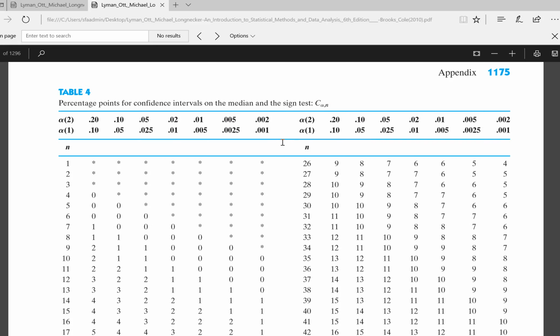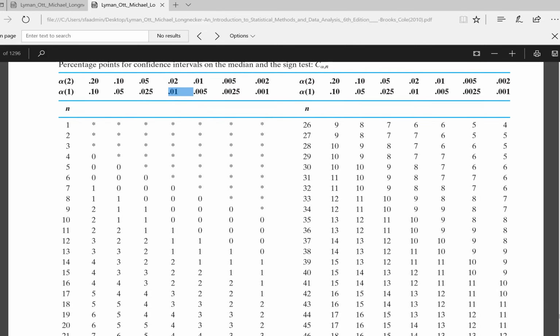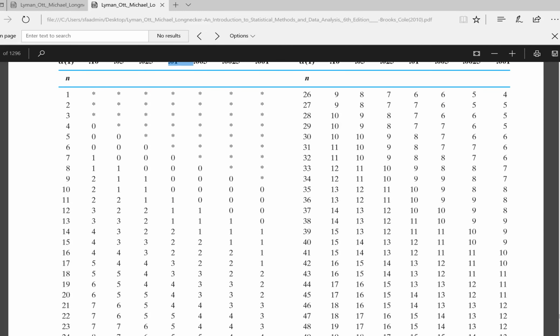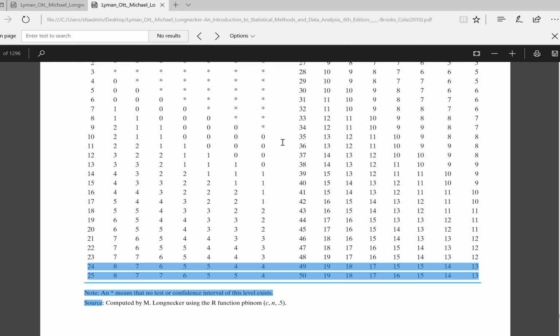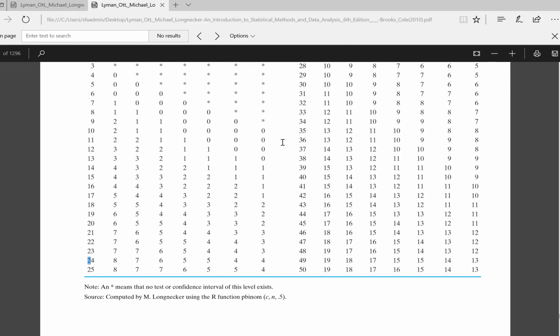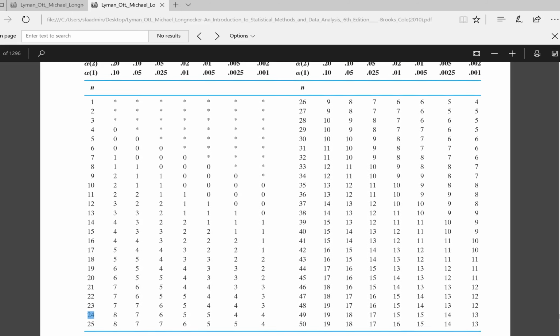Okay, so here's table 4. I am looking for C alpha 1 n, so this one deals with one tail test, and my alpha is 0.01, so here's 0.01, I'm going to be in that column, and the sample size n is 24. Here's n equal to 24 there.